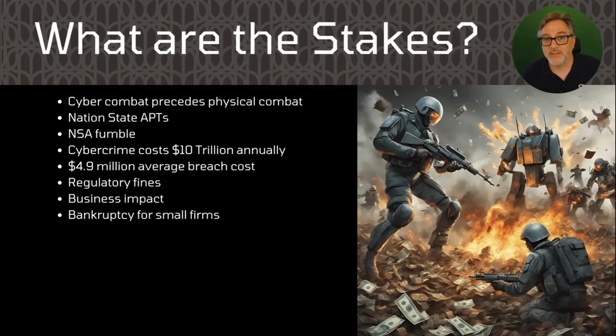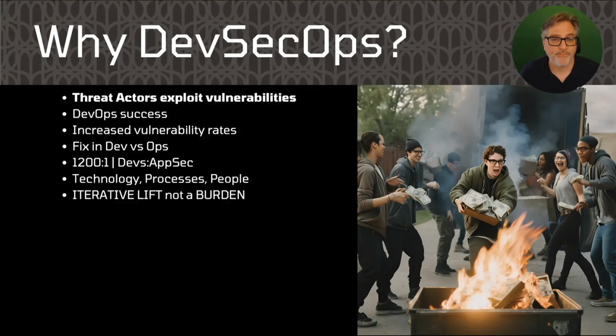So for those of us that are attending courses like this and learning about API security and are left responsible for securing our organizations, we're the ones left holding the bag. Our code, our applications, and infrastructure are the front lines in an economic war where every new innovation that we come up with is a weapon that can be turned against us. So why DevSecOps?